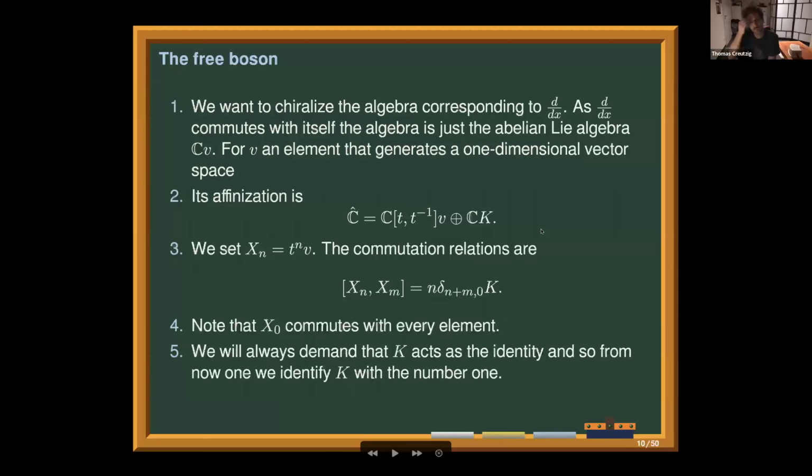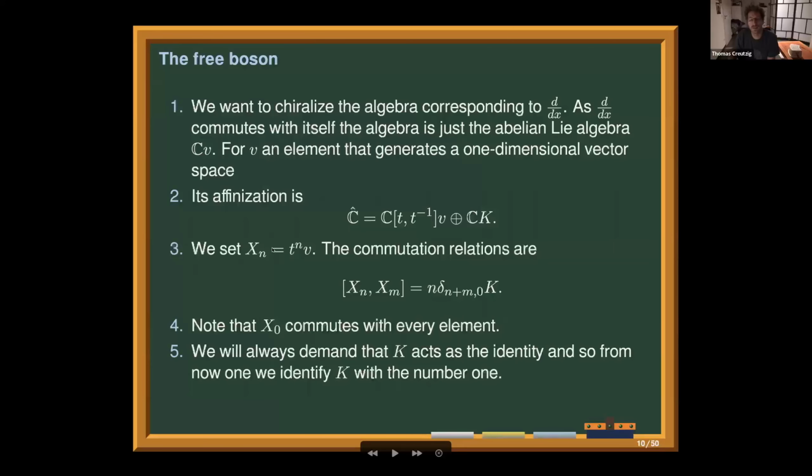Well, and if we formalize it, we just don't want to always write d/dx, so we just call this Lie algebra the one-dimensional Lie algebra generated by an element V. And then its affinization is that you now take Laurent polynomials in V and centrally extend.